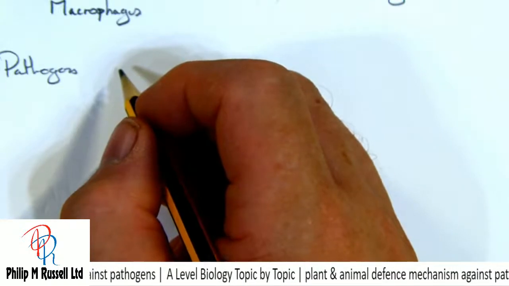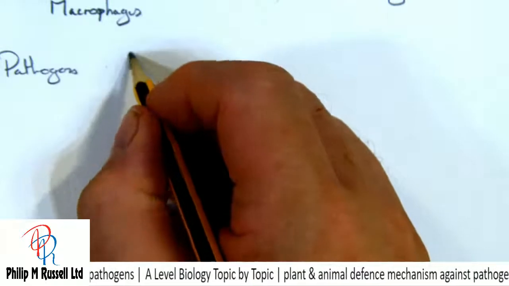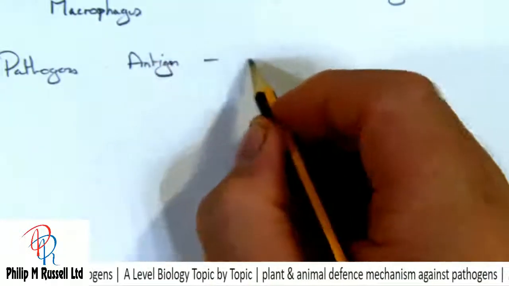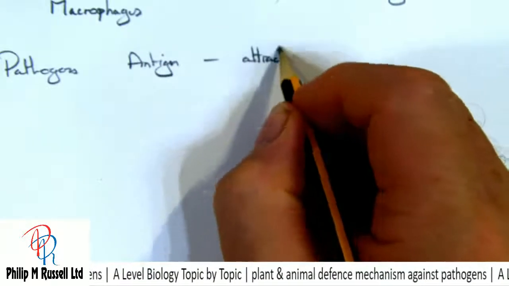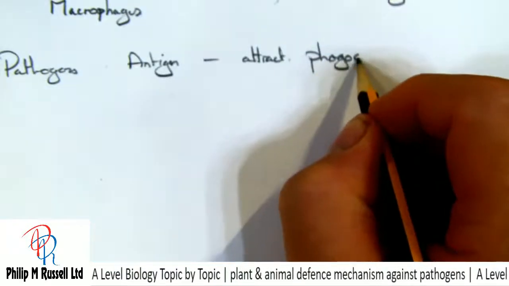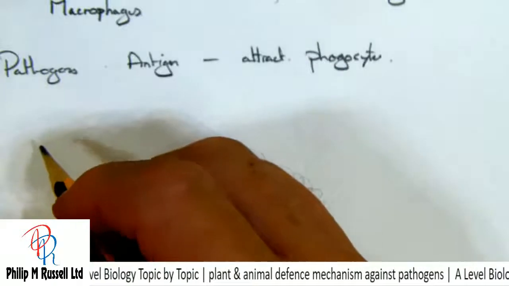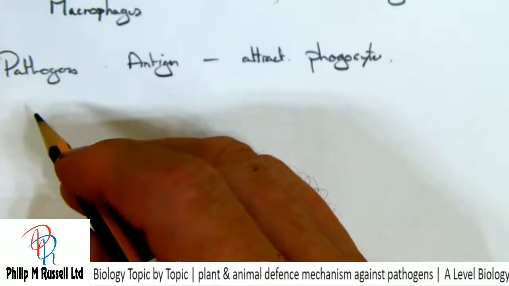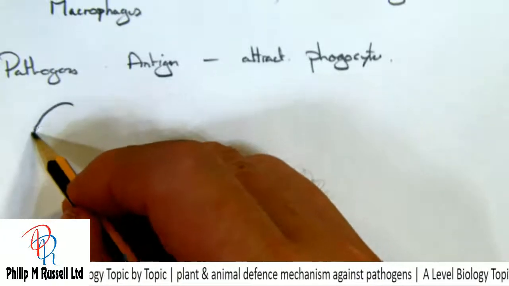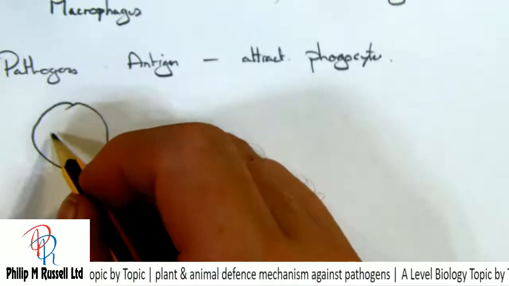So the pathogens have some sort of antigen on them, and this will attract the phagocyte. Now, once the phagocyte is there, let's just draw in our phagocyte.